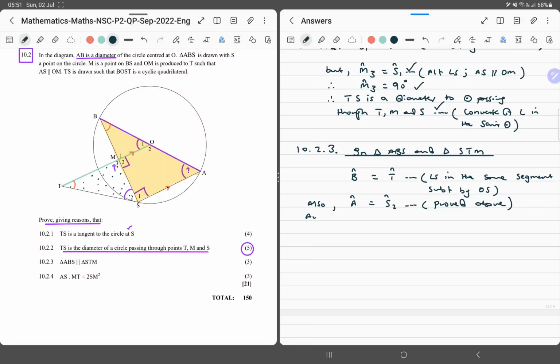And we also proved above that angle S1 is equal to M3. Therefore triangle ABS is definitely similar to triangle STM because they are equiangular. That's it.